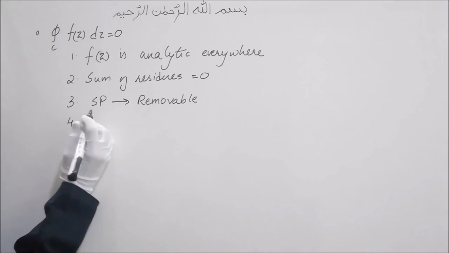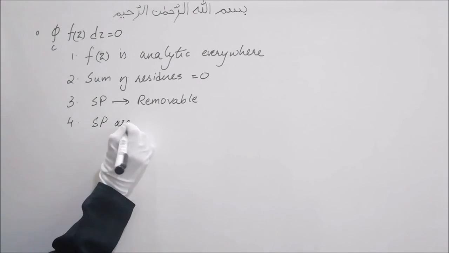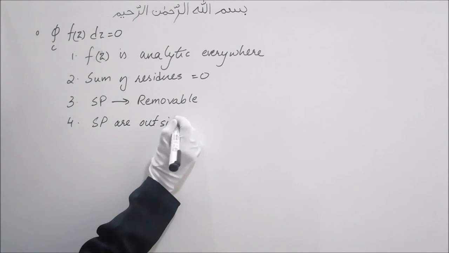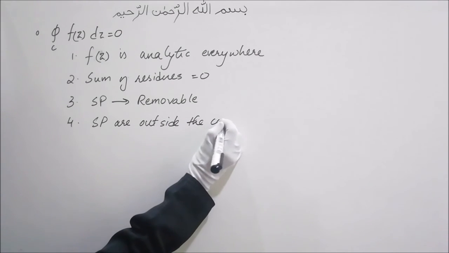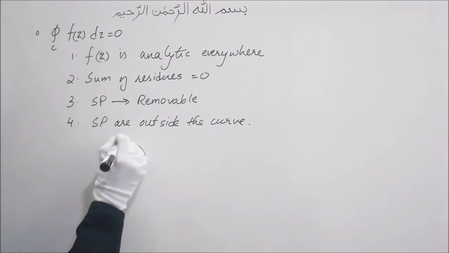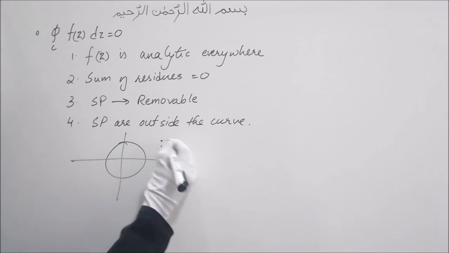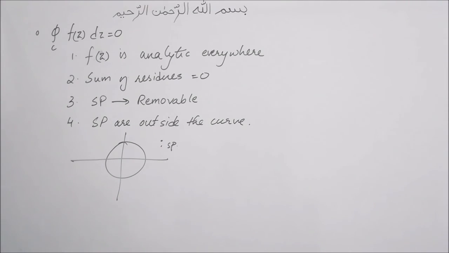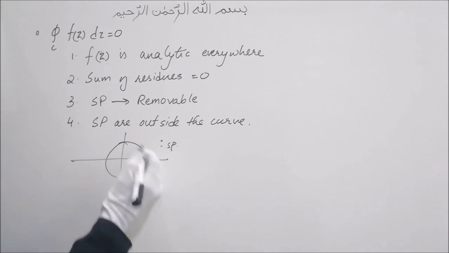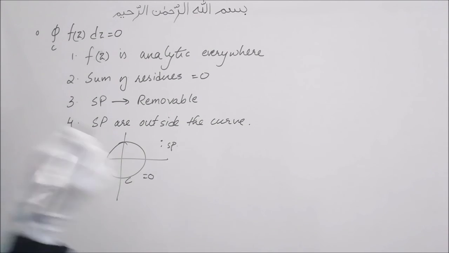And fourth, if all the singular points are outside this curve, then what will that mean? That inside the curve the function will be analytic. So if we have a curve like this and outside the curve we are having singular points, then our integration over this closed contour C will be equal to 0.